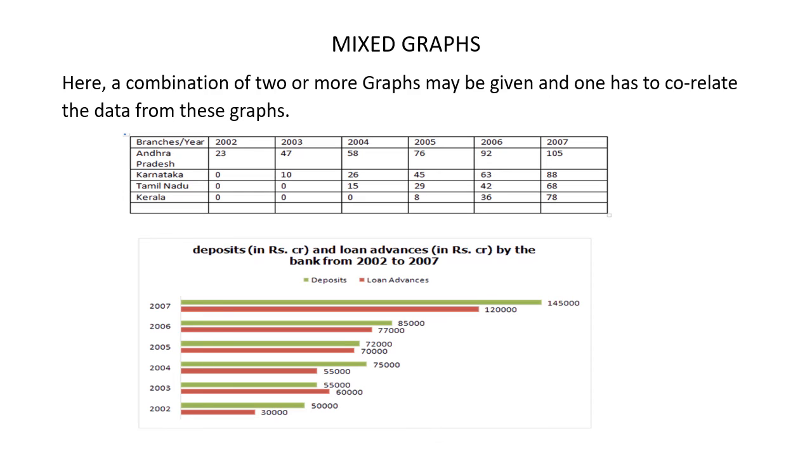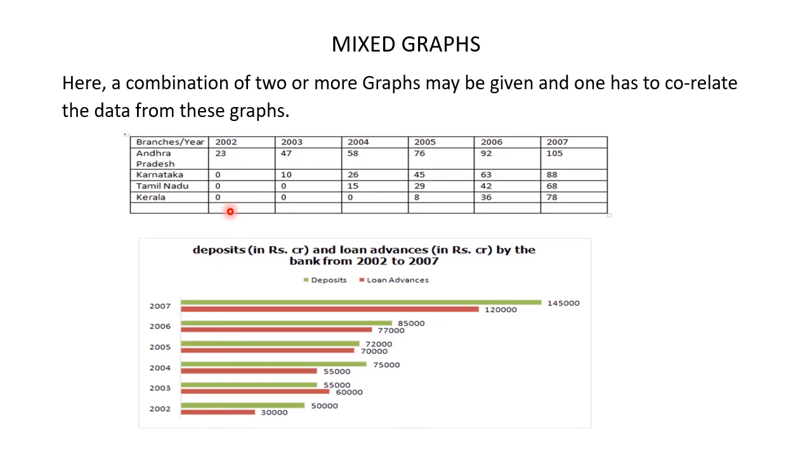Now this table gives us information about the number of branches in each year in the different states. So in 2002, the total number of branches is 23.